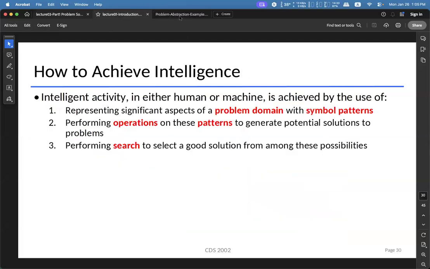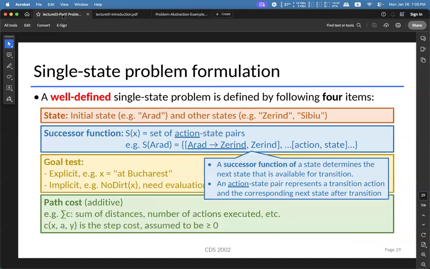And the next thing that we need to define when we are working with a single state problem is the successor function. You may ask, Professor, when we are defining the single state problem, we never define the network. I did not see anything called the graph or anything called the network here.